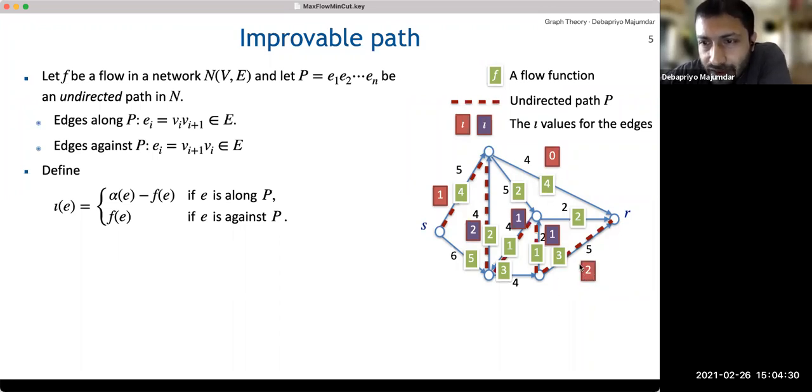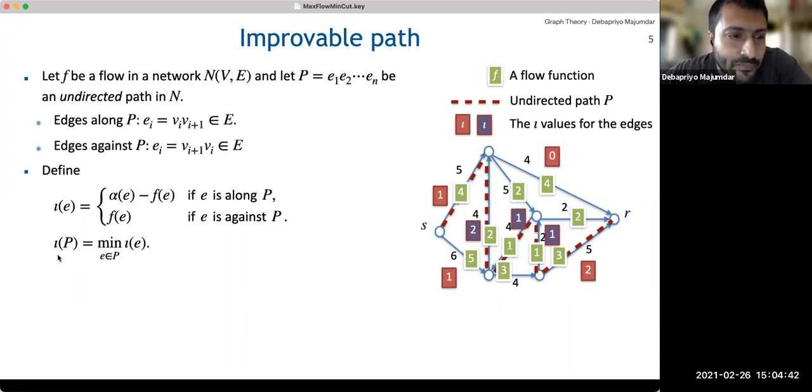And these red ones are along the path. The purple ones are against the path. Now, okay, yeah. So these actually don't matter in this particular case. Forget about it. So the iota for the whole path is the minimum of the iota values for all of the edges.